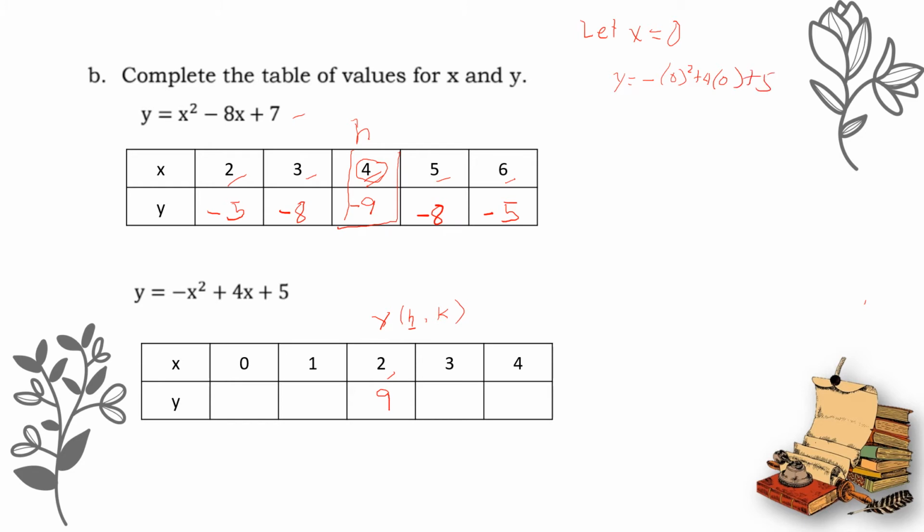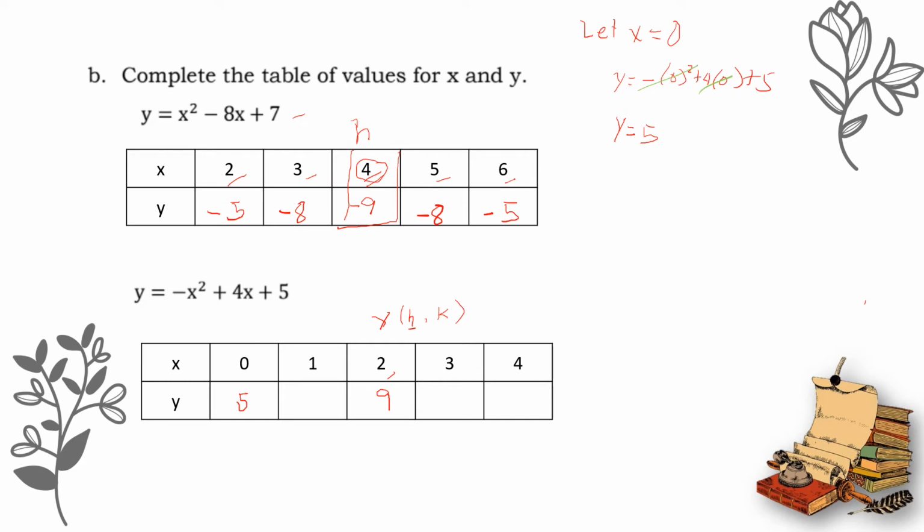Mapapansin ninyo, ito po lahat ay makakancel kasi 0. So, therefore, kapag po ang x natin ay 0, ang y po natin ay equal po sa positive 5.